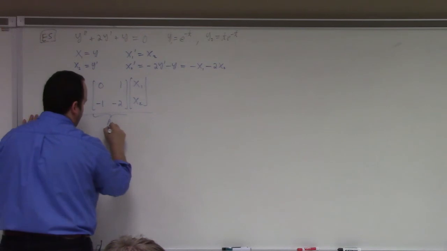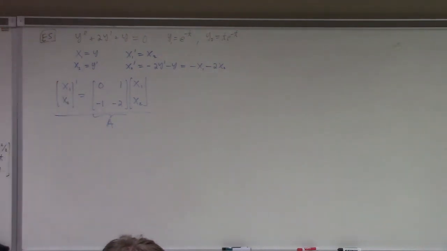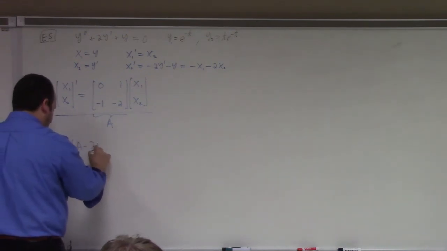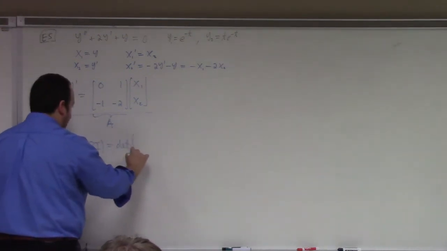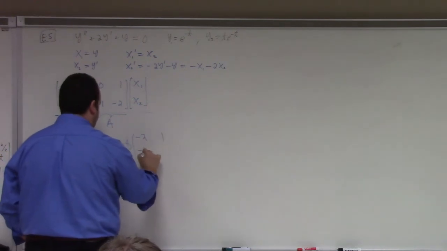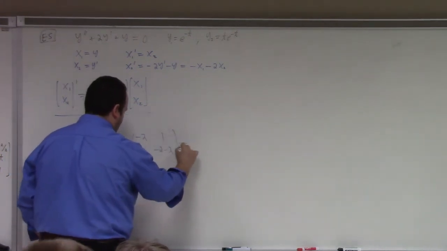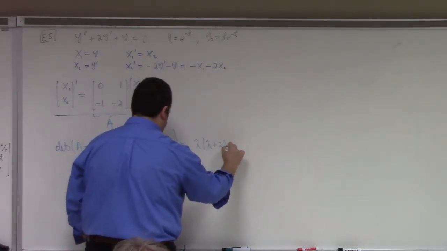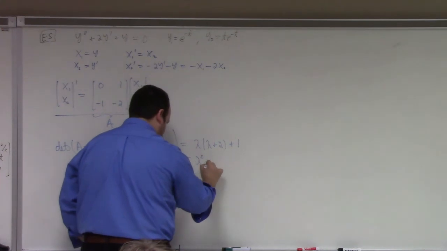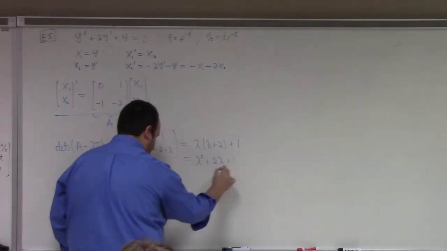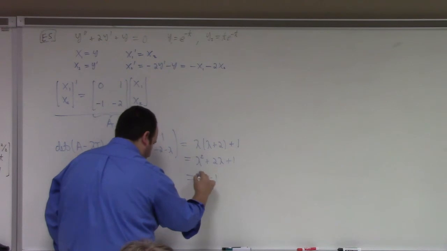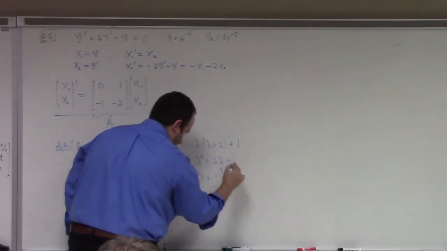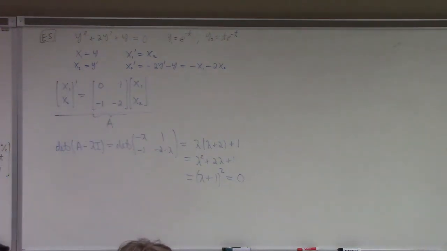Here's my A, right? What are the eigenvalues of A? Okay, good. So this has eigenvalue minus 1 repeated.